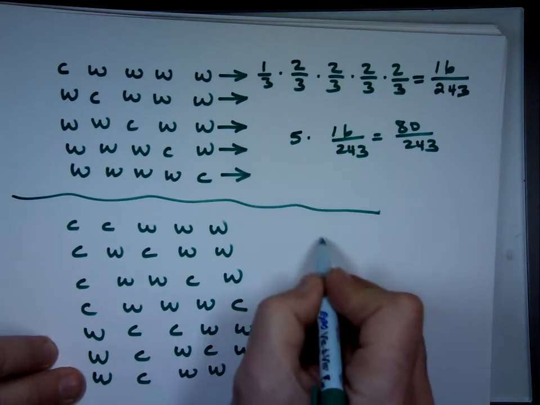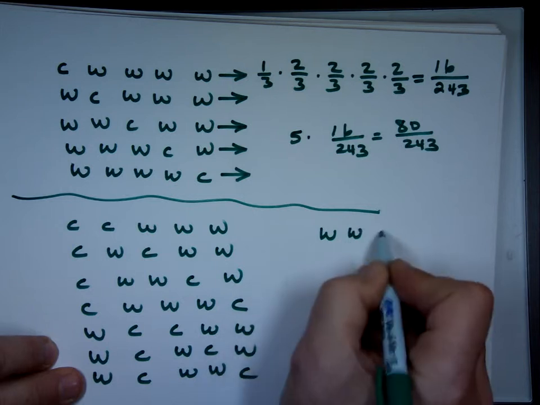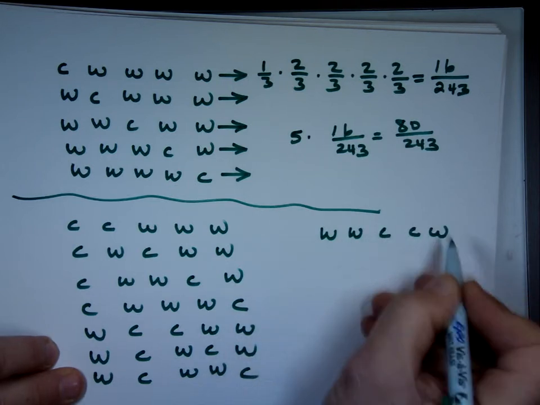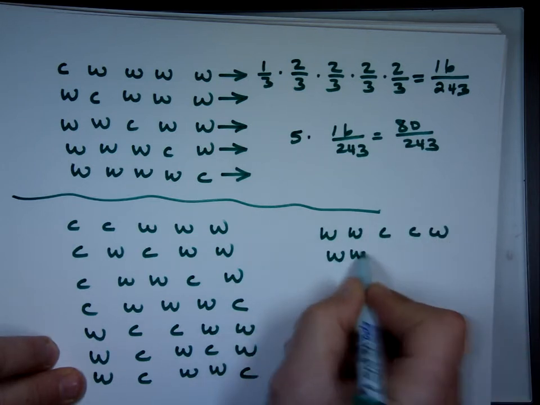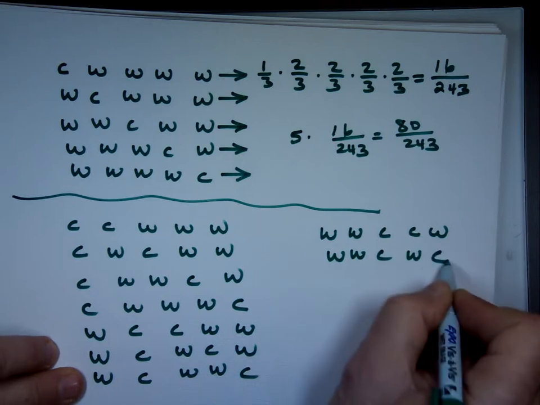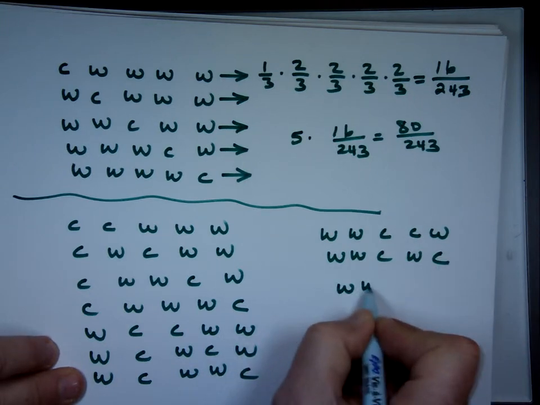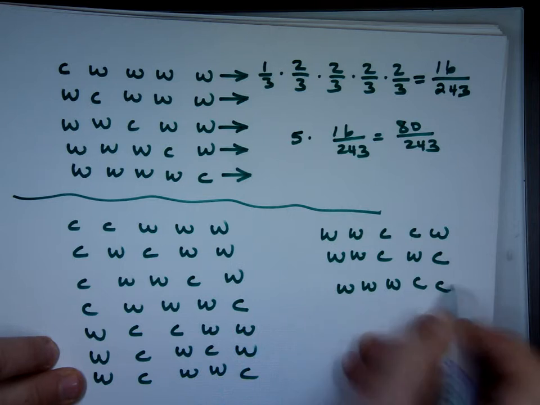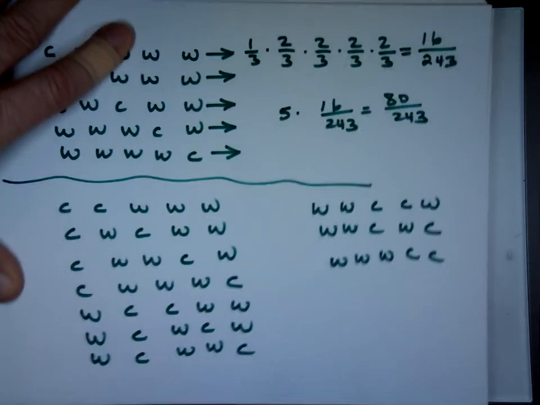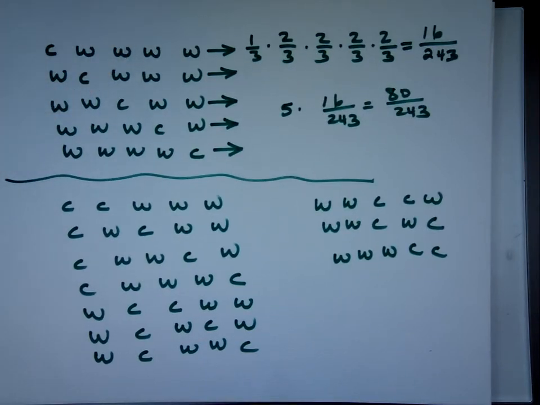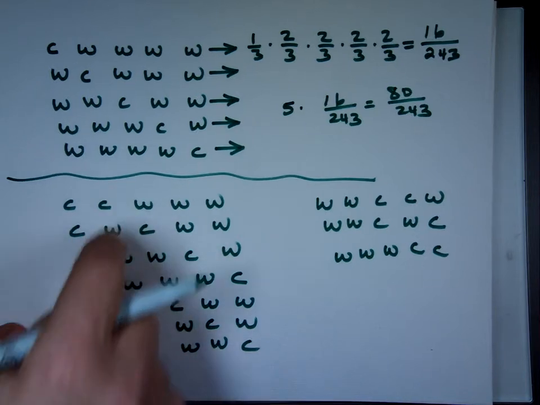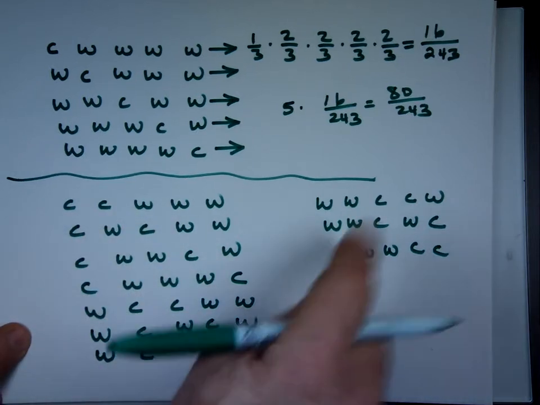Could be this one. Could be this one. Could be this one. That's how you get 2 correct answers. How many choices? Let's look at them: 1, 2, 3, 4, 5, 6, 7, 8, 9, 10.